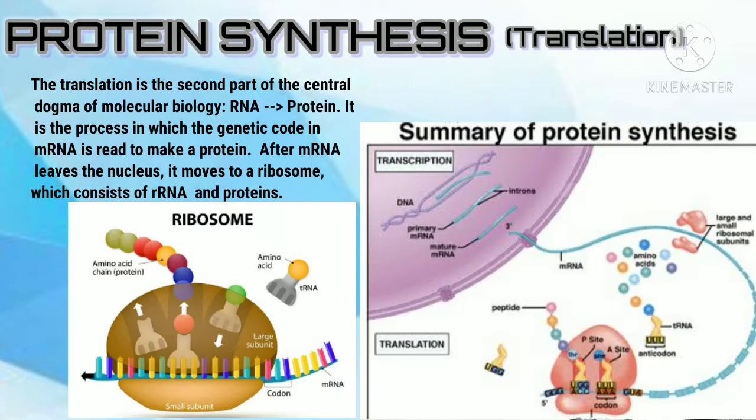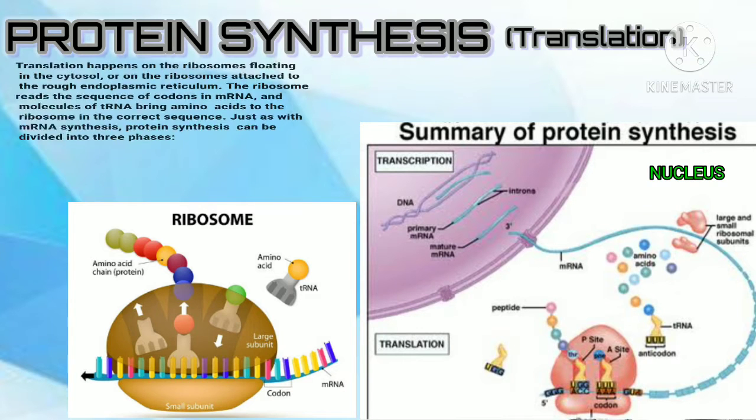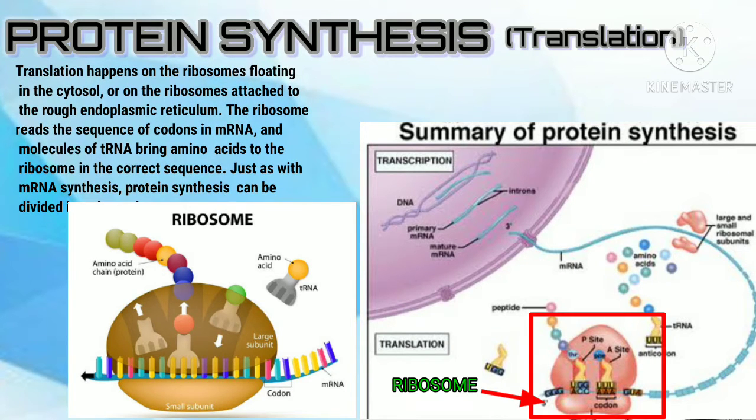Translation is illustrated in the diagrams below. After mRNA leaves the nucleus, it moves to ribosomes, which consist of rRNA and proteins. Translation happens on ribosomes floating in the cytosol, or on ribosomes attached to the rough endoplasmic reticulum.